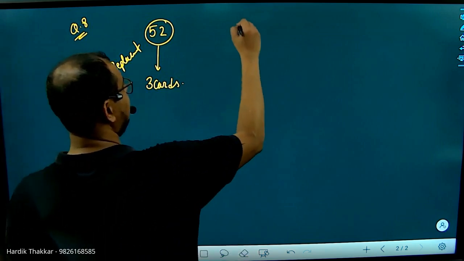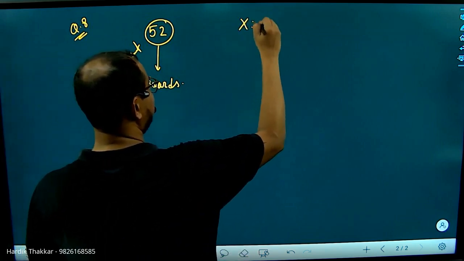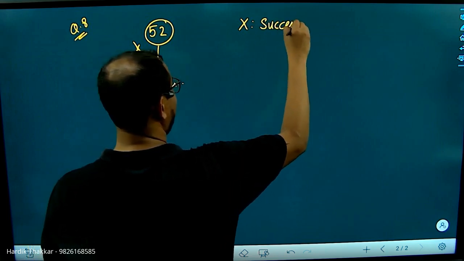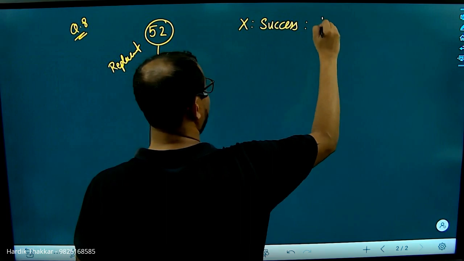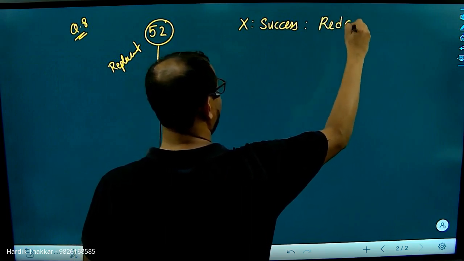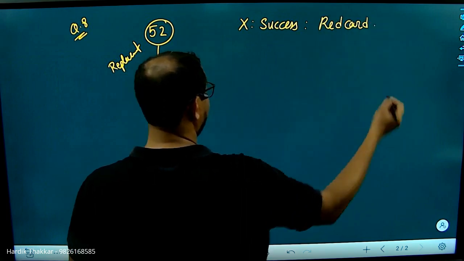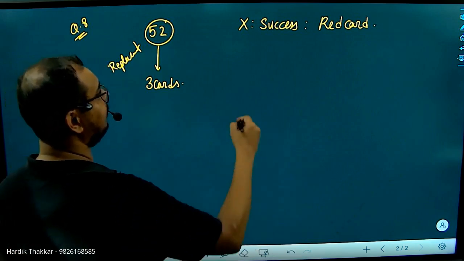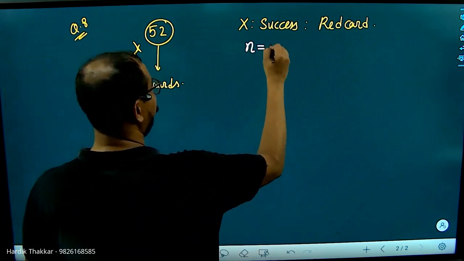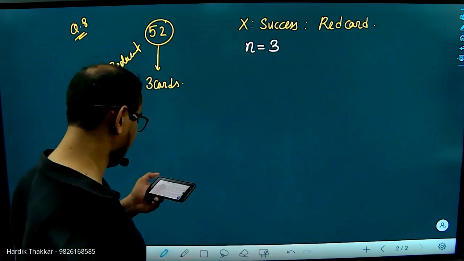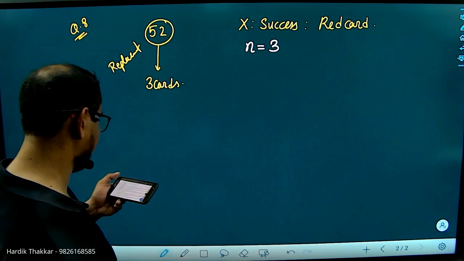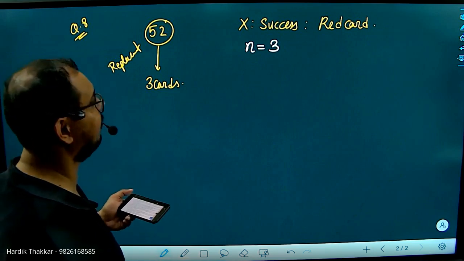So here the success is defined as getting a red card. Getting a red card is our success. So if we are taking 3 cards, it means the total number of trials n is equal to 3. Now the question says find the mean and variance of the number of red cards.